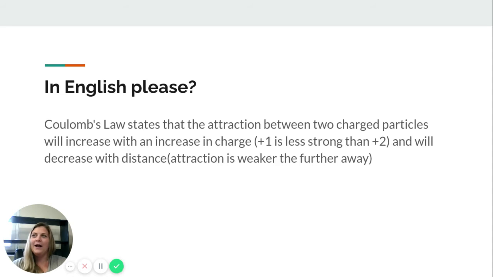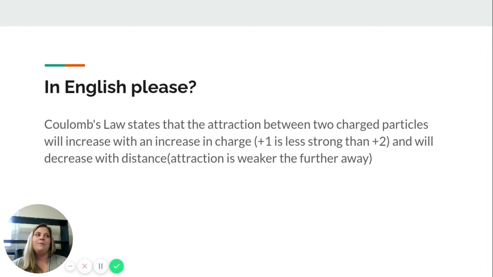Whereas two 1s super close together are not really that attracted to each other, even though they're close. This is a terrible example, but I think it's going to help you remember. I'm embarrassed even saying it. Either way, increase in charge, increase in attraction; increase in distance, decrease in attraction.